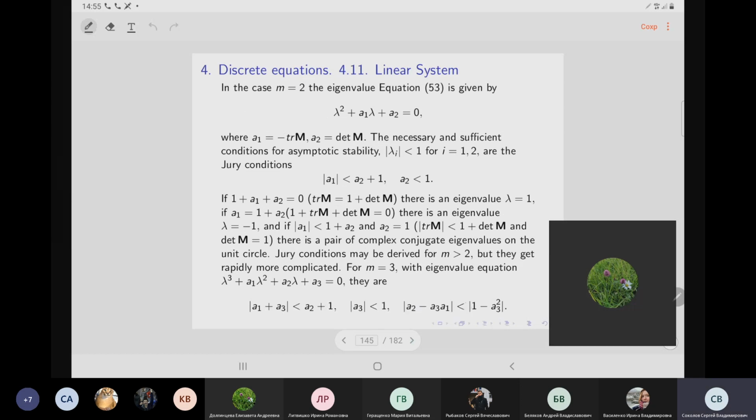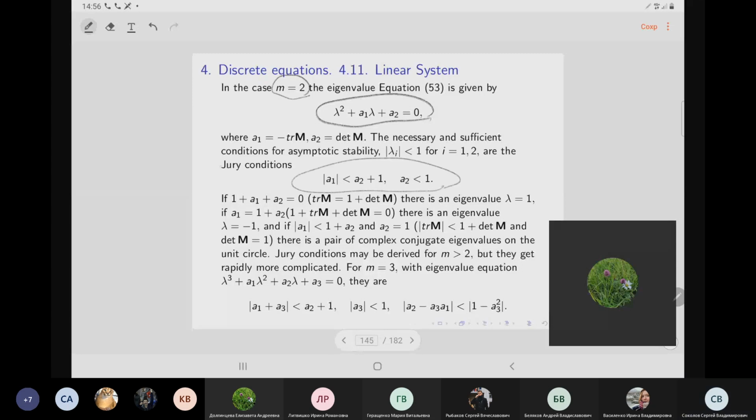For example, if we consider the case m is 2, so a 2 by 2 system, the eigenvalue equation is given by this one, where a1 is the negative trace of our matrix, and a2 is the determinant. So far, the necessary and sufficient conditions for asymptotic stability of all the solutions are derived by these conditions.